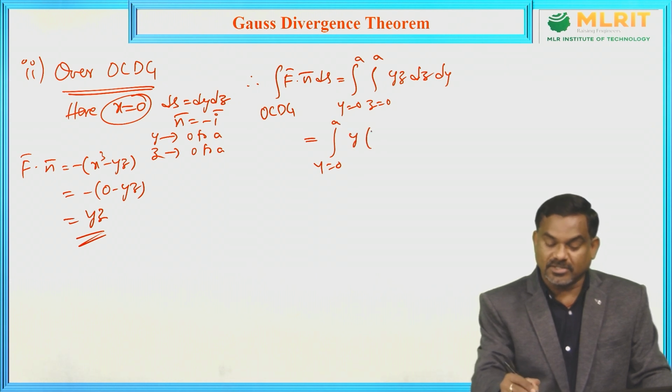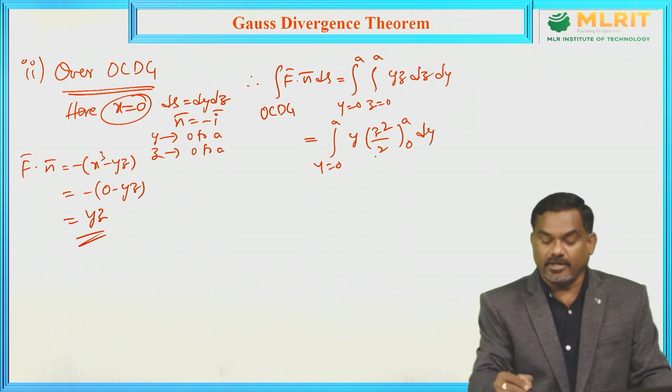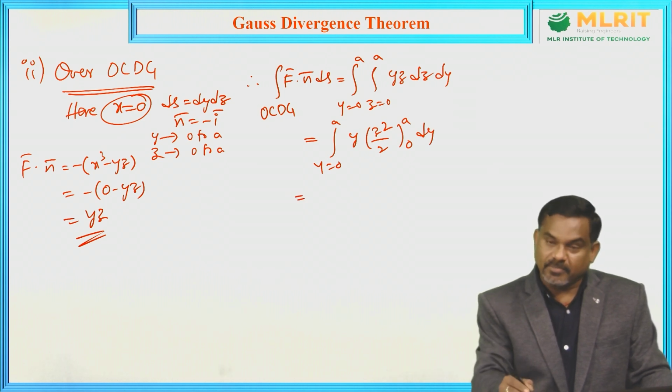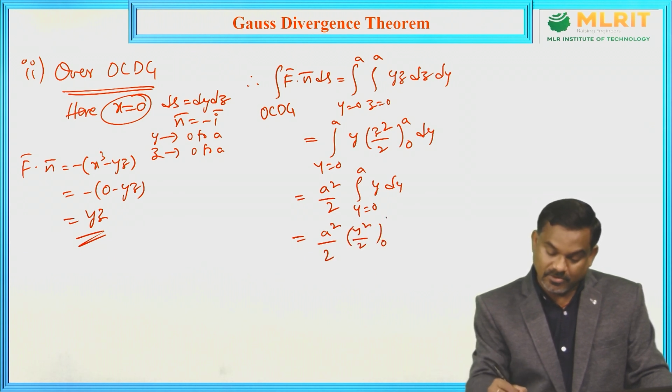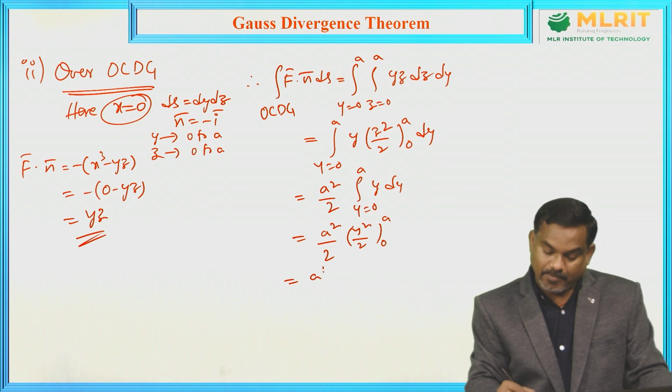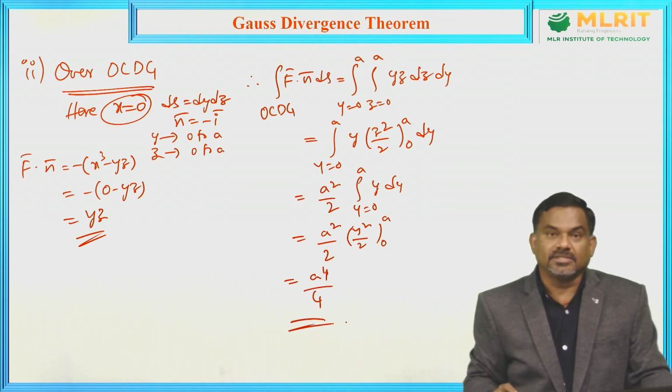So y constant, the integral of z is z square by 2, 0 to a, dy, which by applying the limits, upper limit is a, so a square by 2 comes out, y from 0 to a, y dy, and the integral of y with respect to y is y square by 2 from 0 to a, so a power 4 by 4. This is the surface integral over the face OCDG.